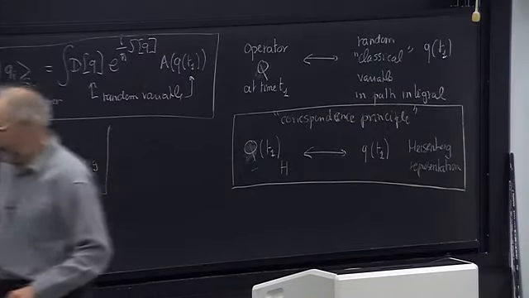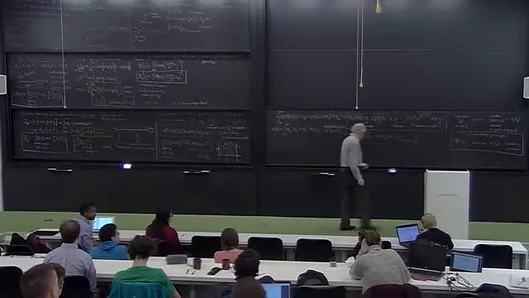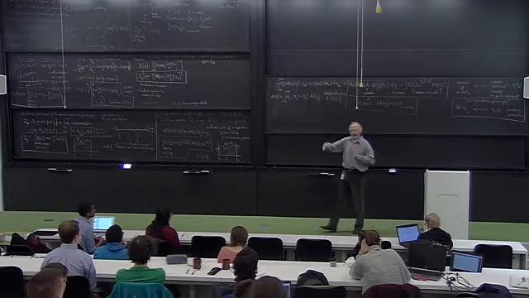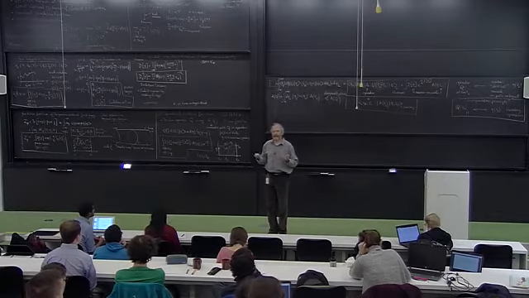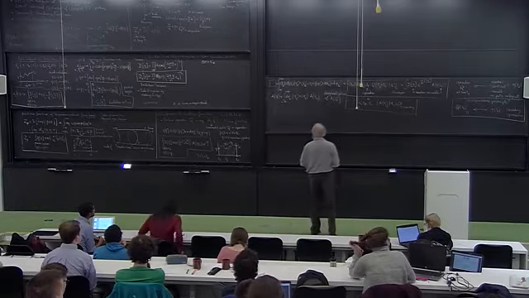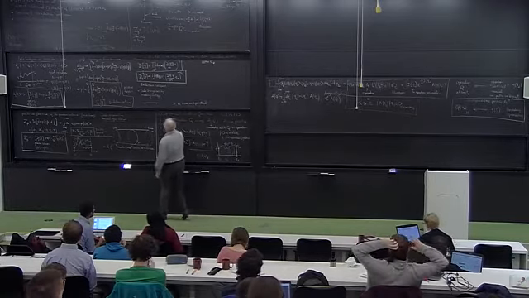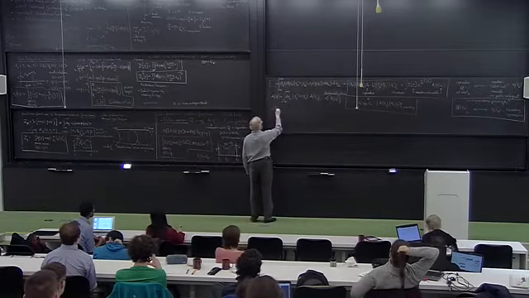Good. Okay? So you see, in some sense, once you have done the work of constructing a path integral for the evolution operator, you get basically for free the other operators. Okay. So this was for position. So position is easy.